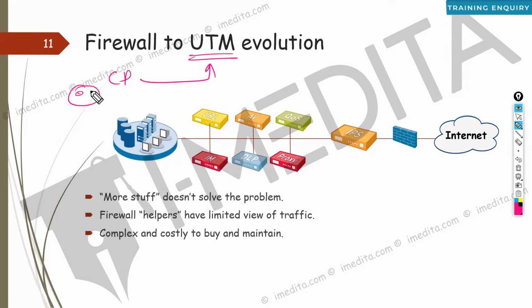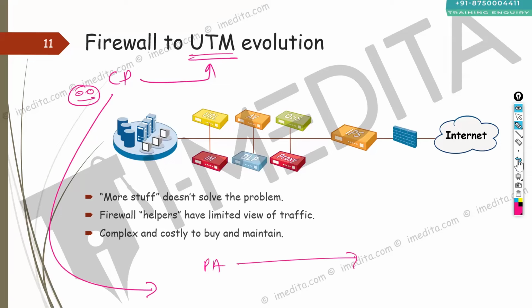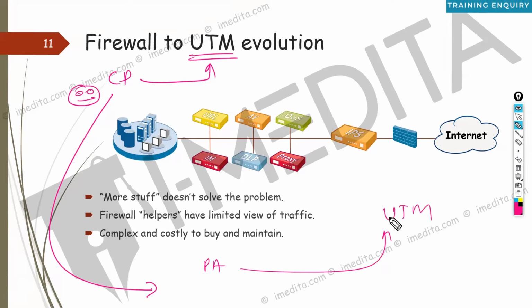Now one solution is provided by Checkpoint, and that name is UTM. Now a candidate from Checkpoint quit Checkpoint and started a company like Palo Alto. Now Palo Alto is also saying that we are also providing you a solution called UTM. Now the question is, which company's product will you purchase? Palo Alto or Checkpoint?